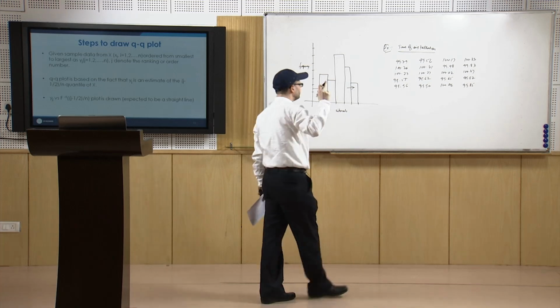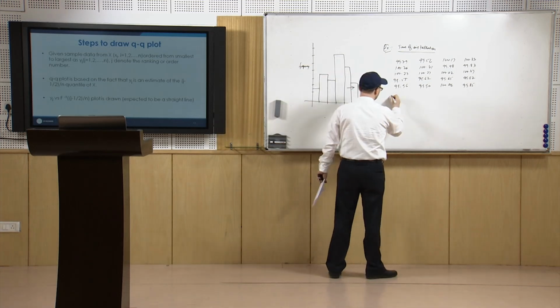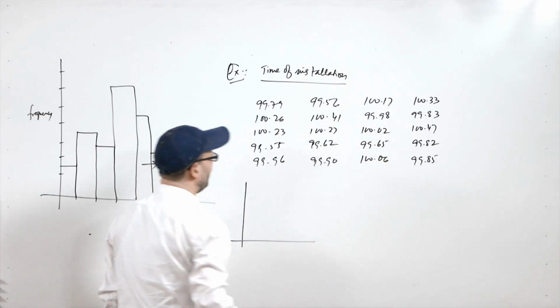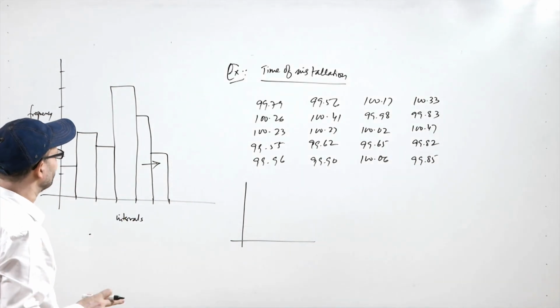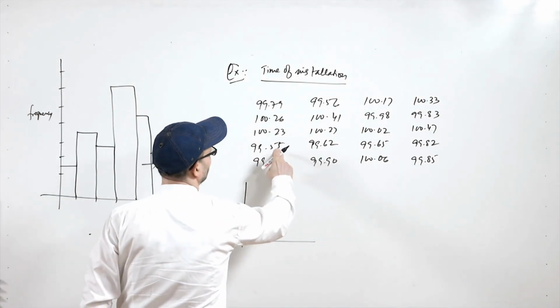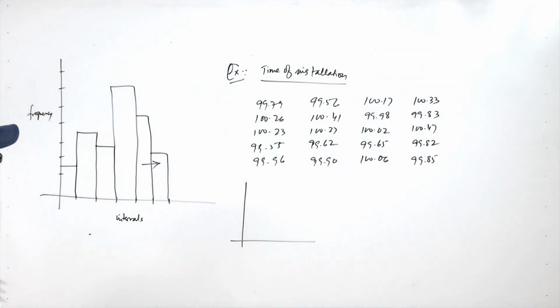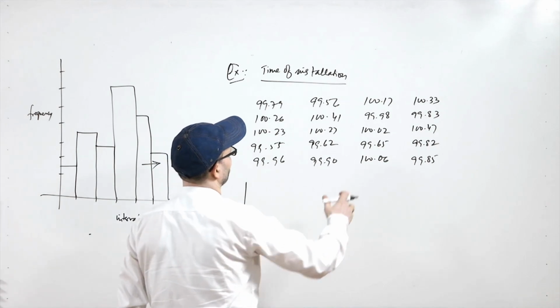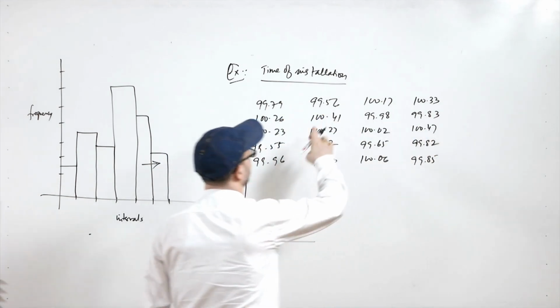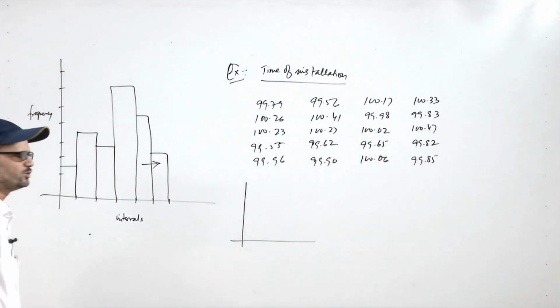First of all, you make the histogram. The minimum value here is 99.55, and similarly the maximum value is 100.47.